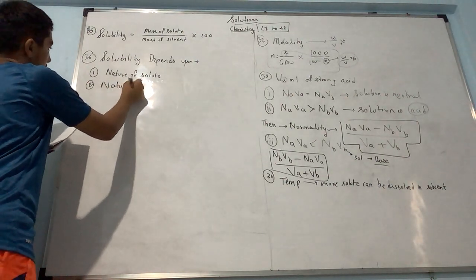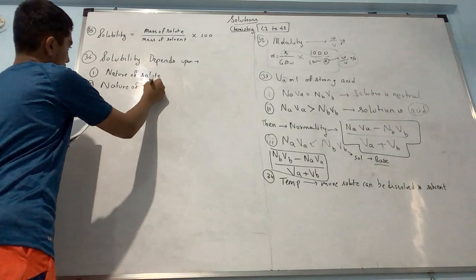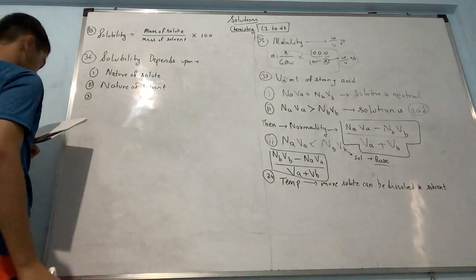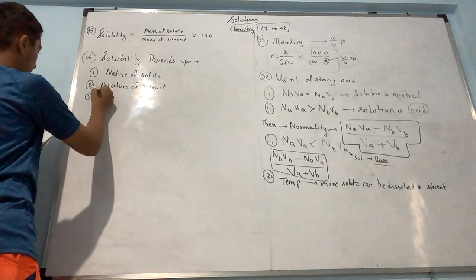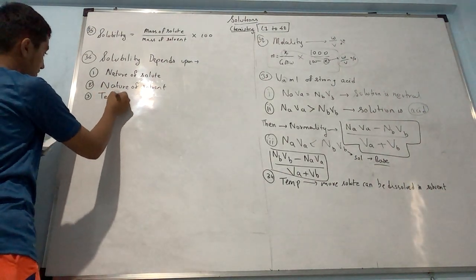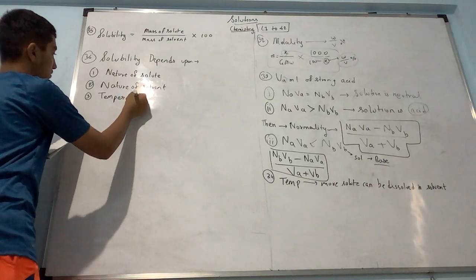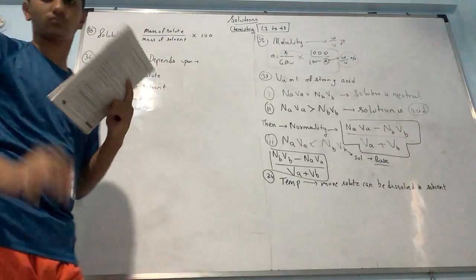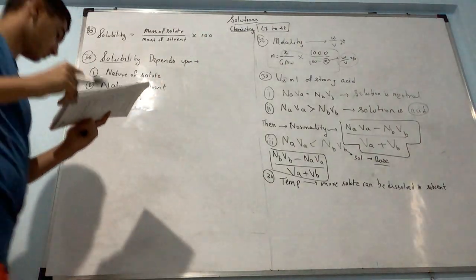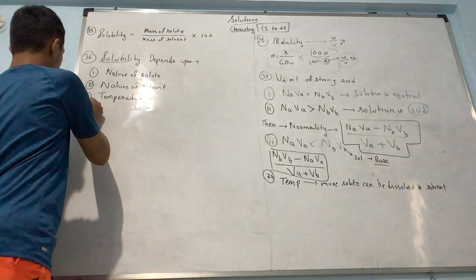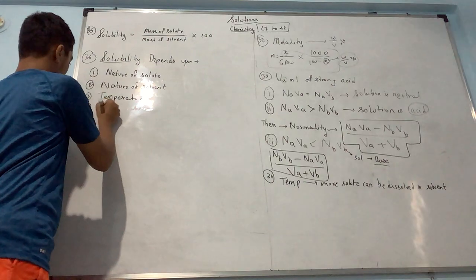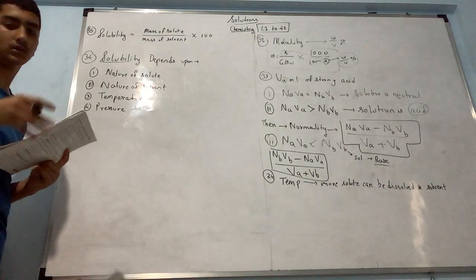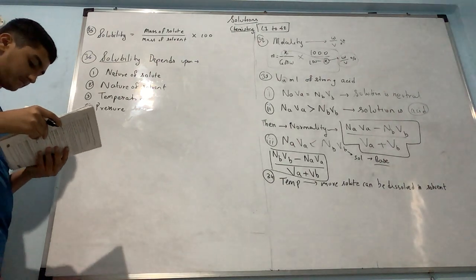Third, temperature, which is very important for solubility. Soluble means it can dissolve. And lastly, pressure is also important. These are the four factors that solubility depends upon.